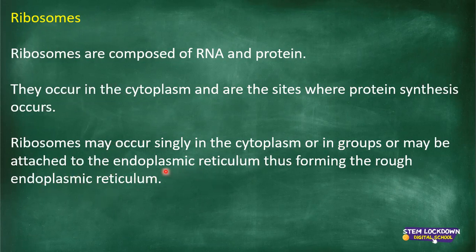We've seen that the rough ER has lots and lots of ribosomes around it, giving it that rough structure. So that shows you how they can occur. They can occur singly in the cytoplasm, on their own, or you'd find them around the rough endoplasmic reticulum.